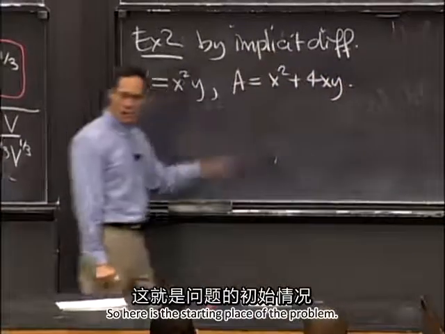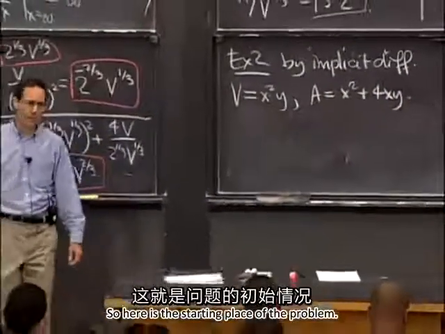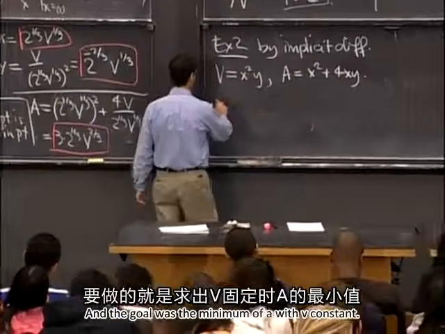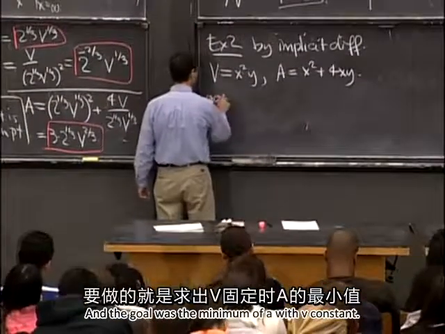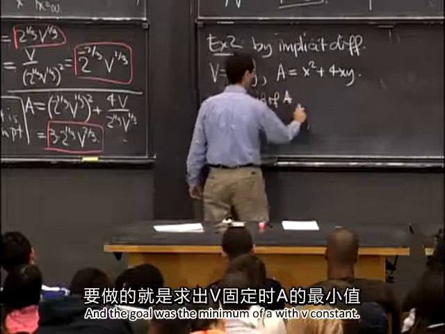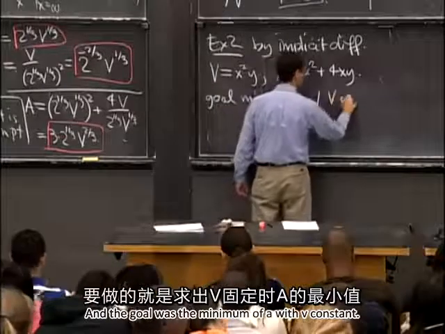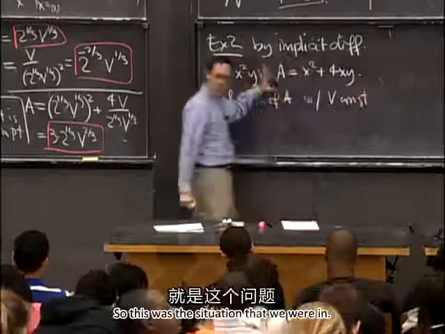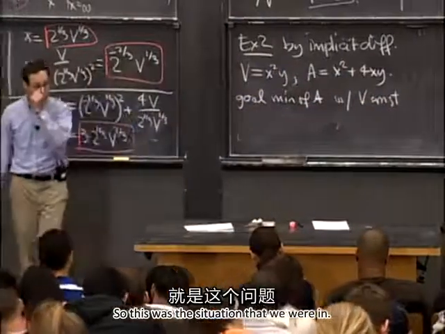So here is the starting place of the problem. All right? And the goal was the minimum of A with V constant. So this was the situation that we were in.